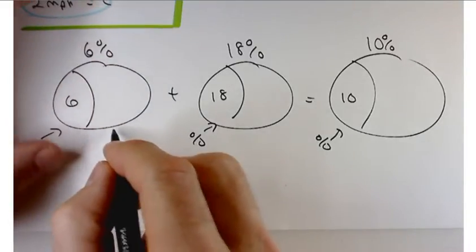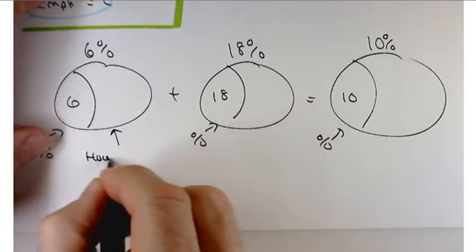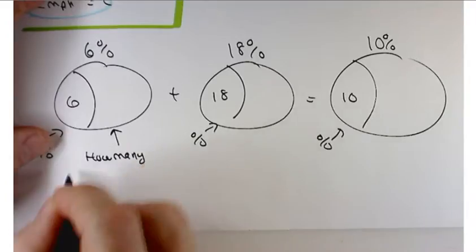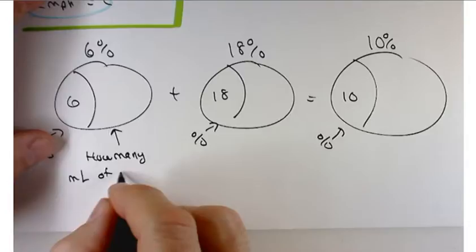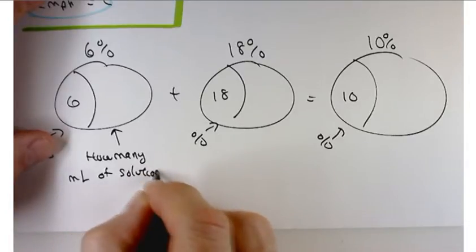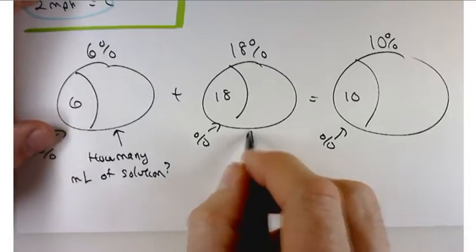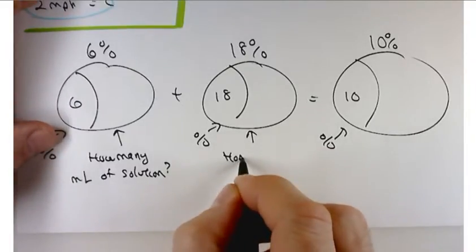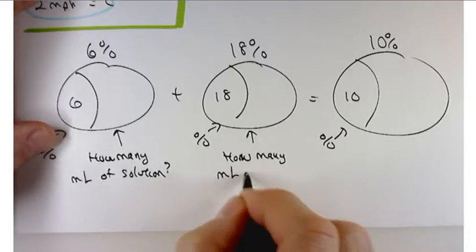In the second part of this circle, you're going to write how many milliliters of solution. We're going to do that for all these.